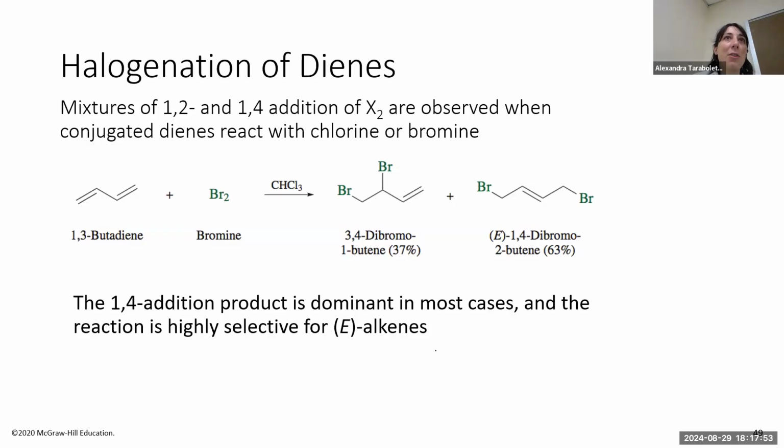Just like in the hydrohalogenation, I showed you that at room temperature, 1-4 is dominant. You'd have to cool down the reaction to get the 1-2. So notice here, we're always adding, for example, bromine on one end of the double bond, that would generate a cation. We have our resonance, and then you can get your second bromine either on the 2 position or on the 4 position.